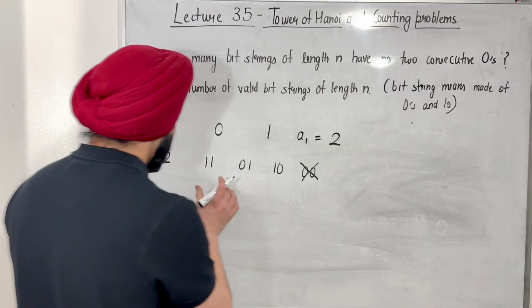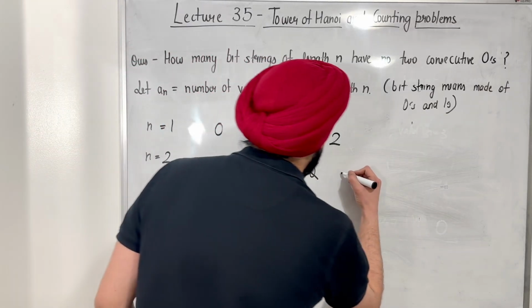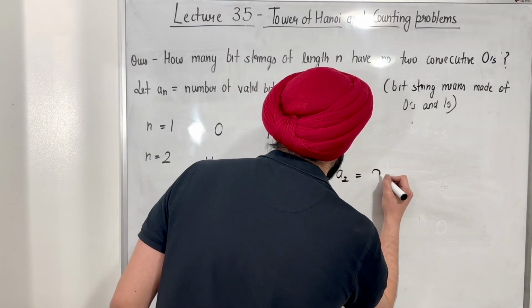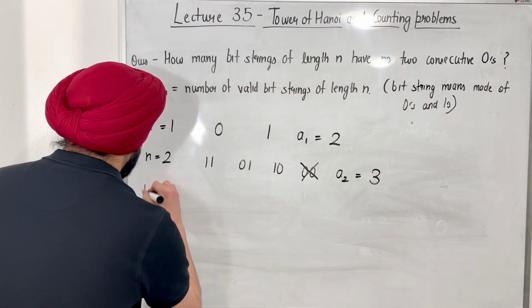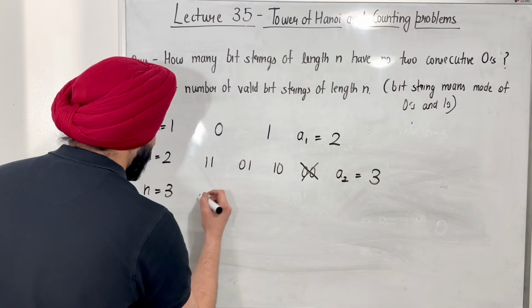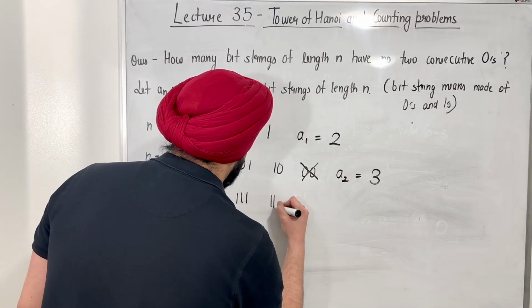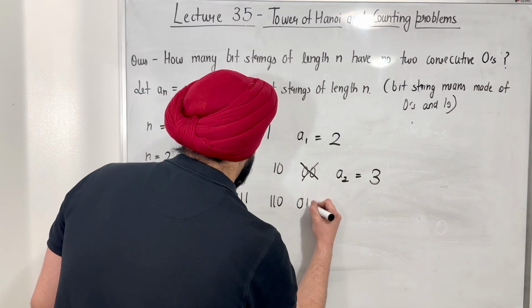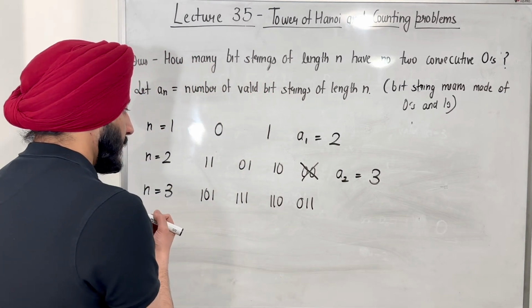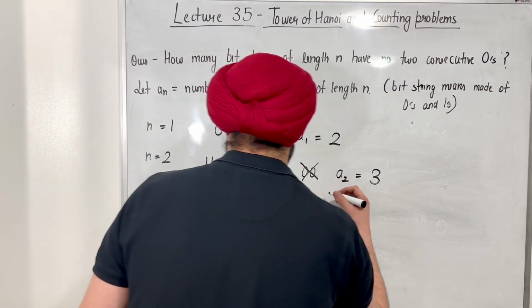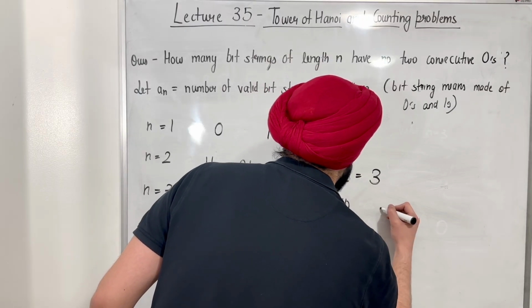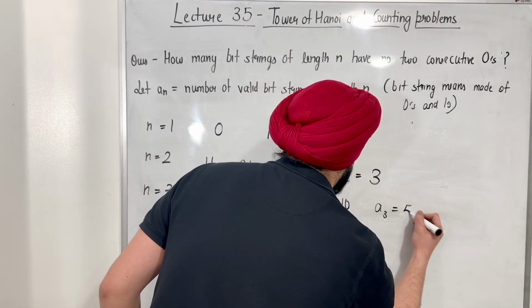So for the case of n equal 2, you would have a_2 equal 3. For n equal 3, you could have 1 0 1, 1 1 1, 1 1 0, 0 1 1, and then you could also have 0 1 0. So a_3 would be 5.